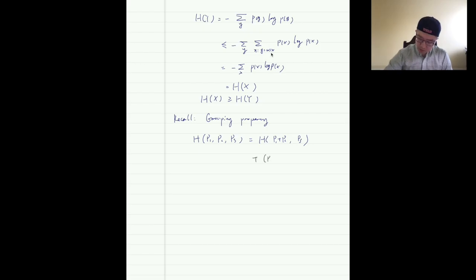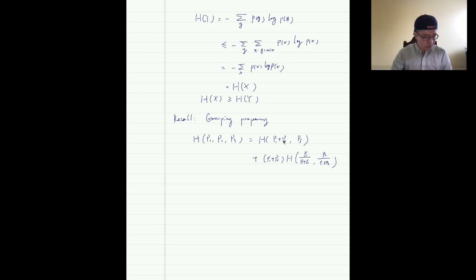Which is P1 plus P2 times the entropy of P1 over P1 plus P2 and P2 over P1 plus P2, right? And here we can understand this as somehow the form of Px, and this is somehow the form of Py, right? Therefore we have an additional term here, therefore Px will be bigger than or equal to Py. So that is basically the logic behind it, right? The reason is because of this grouping property of entropy.